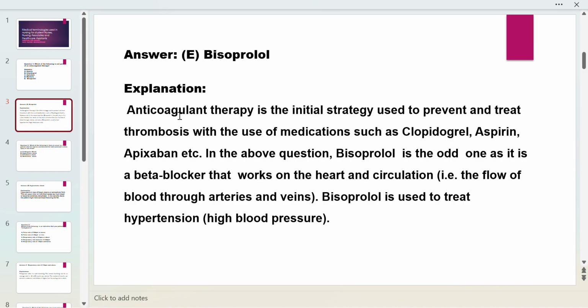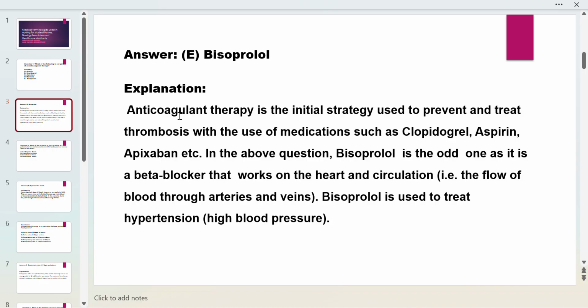Yeah, it's true because anticoagulant therapy could be a combination of medications such as antiplatelet or anticoagulant, which can come in oral form or injectable or other forms. These are used to increase the amount of time in which blood clots in the veins or arteries.